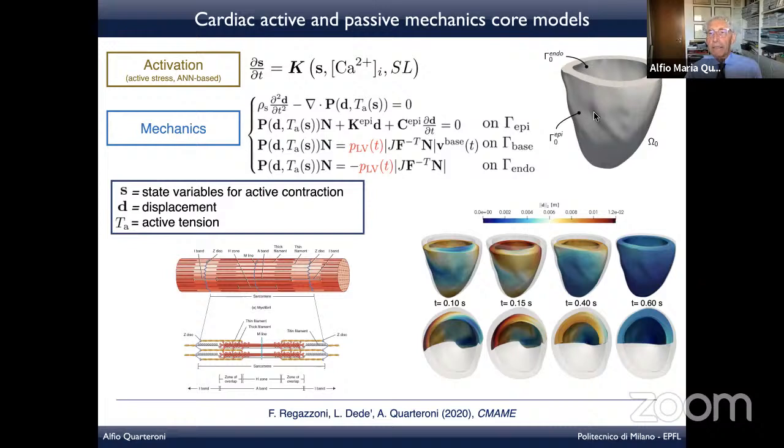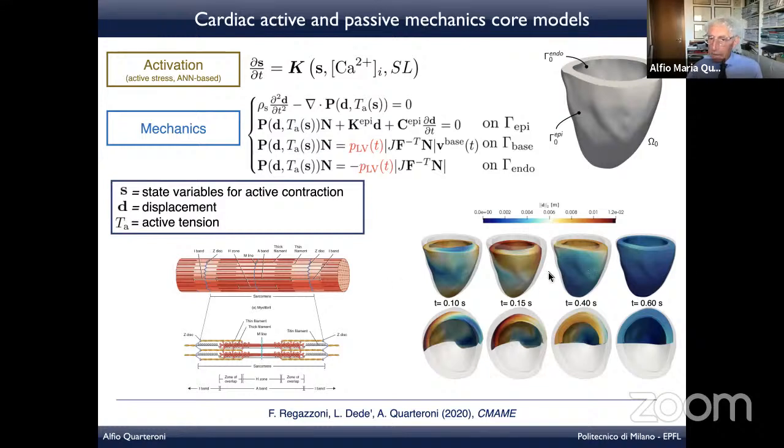system is not isolated. You are just cutting it for numerical purposes for the time being, but you have to be careful in the way you prescribe boundary conditions on the upper surface, which is a virtual surface, and on the external surface, which is partly a physical surface, the epicardium, but also partly not isolated because it is in connection with the septum and with the rest of the lower part of the heart, namely the right ventricle.